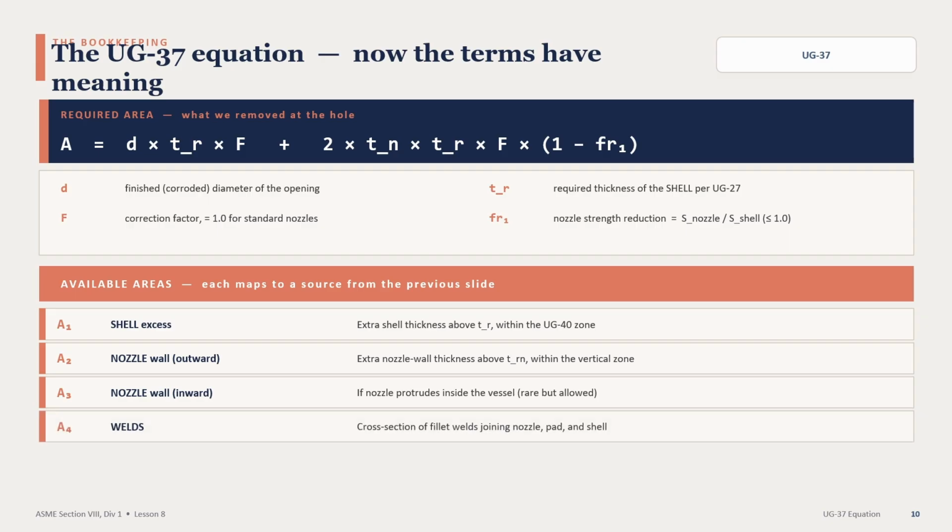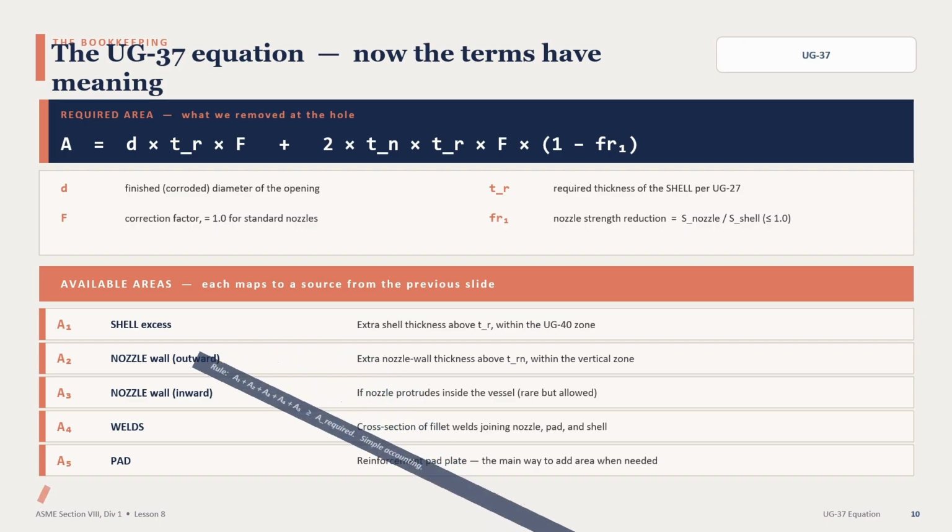A4 is the welds. A5 is the pad. Look at the row labels. That's exactly what we said. The code just puts labels on the physical sources you already understand.